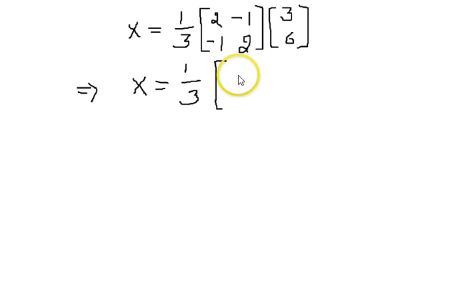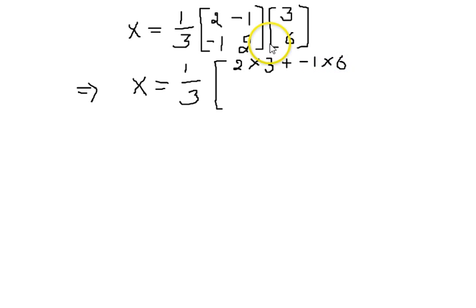If you see, the order of the resultant matrix will be 2 times 1, so the first row will be multiplied to the first column, and the corresponding elements, meaning the first element will be multiplied to the first element, and the second element will be multiplied to the second element. So first I'll multiply 2 and 3, so I will write 2 times 3, then plus minus 1 times 6.